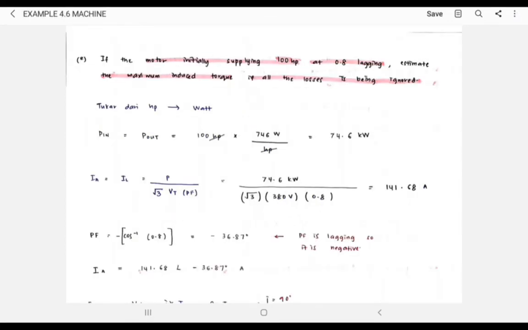Next, question E. If the motor is initially supplying 100 horsepower at 0.8 lagging, estimate the maximum induced torque if all the losses are ignored. First, we will convert the horsepower to watt. P in equals P out equals 100 horsepower times 746 watt per horsepower.